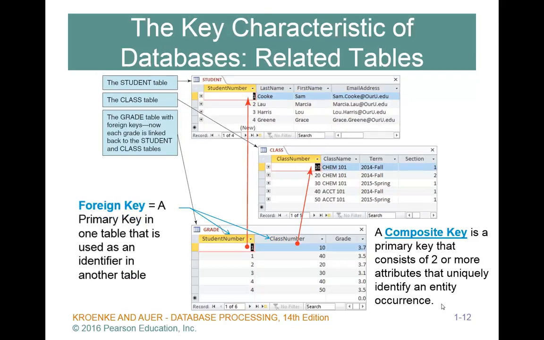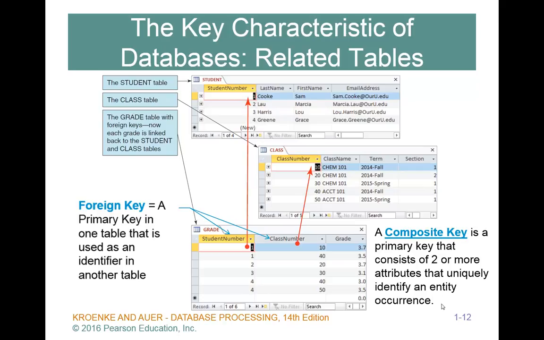One of the key characteristics of databases is how they are related, or related tables, or in one word, the relationships between those tables. So in this particular example here, notice these three tables are related by common fields, or what's called affectionately a foreign key.